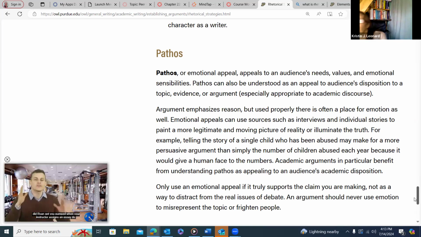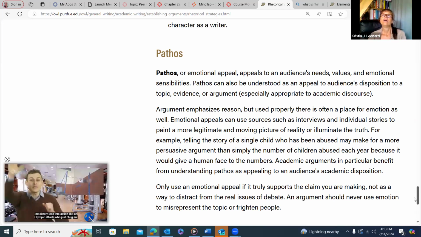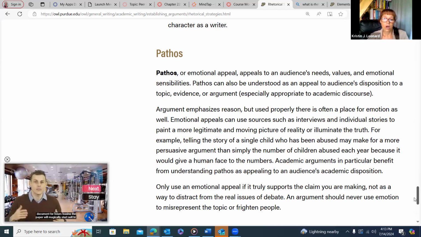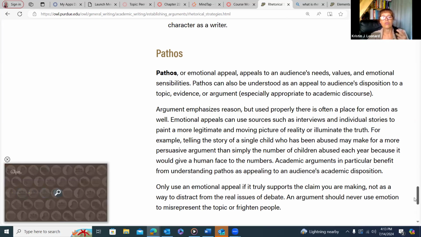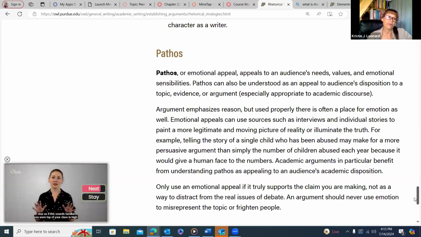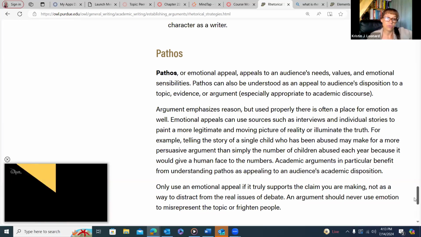So they're really able to see and understand. Again, an emotional appeal can use an actual interview, or maybe an anecdote of somebody, or an example of your issue or topic that would help support your side of it. Or we can give them numbers, let's say the numbers of children abused.